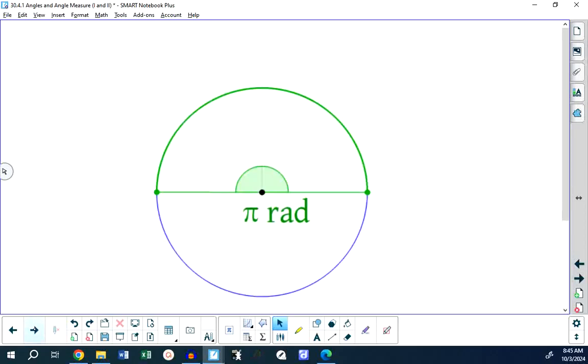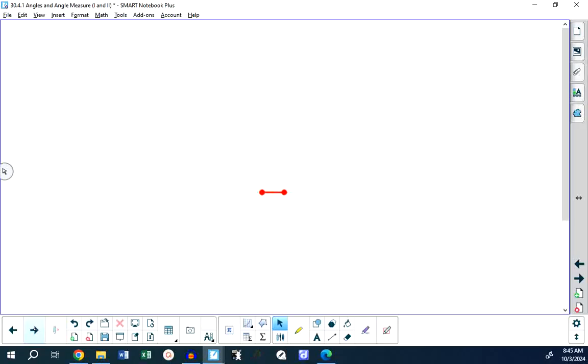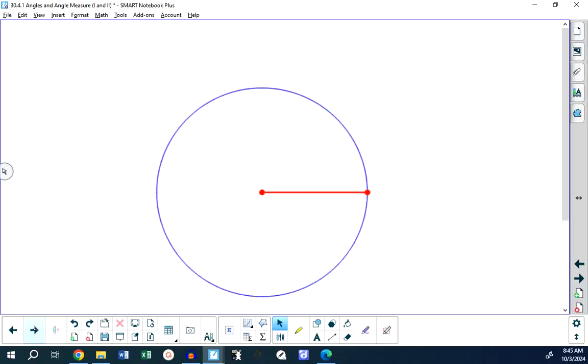If you take a look at this diagram, I'm going to let it loop. So we'll just give it a second to go back to the beginning. There we go. So if we draw a circle with that red length being the radius, and then we take that radius and we curve it around the circle, that's 1 radian.